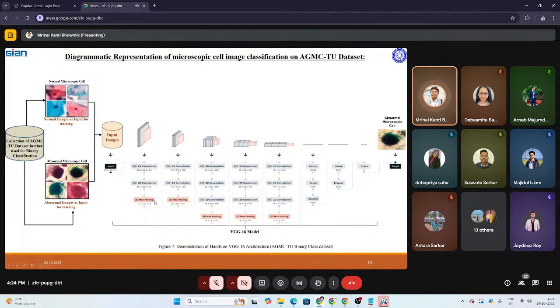I'll explain in detail what the max pooling and convolution are doing here, how they are reducing the image size, the height and width, and what their work is. It is just an elaborate explanation of the architecture, which I have already explained previously, of how many convolution layers are there.